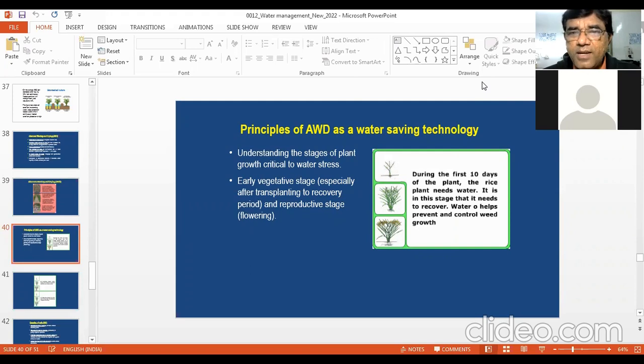During the first 10 days, the rice plant needs water. It is in this stage that it needs to recover. Water also helps prevent and control weeds during the initial period. So in alternate wetting and drying, there should be more frequent application of water, or keep a shallow depth of water during the establishment of the seedling.